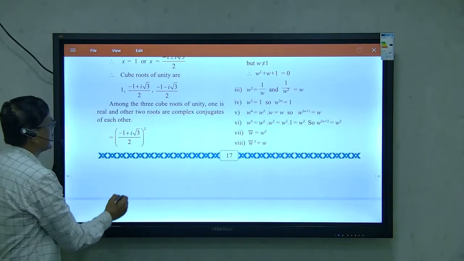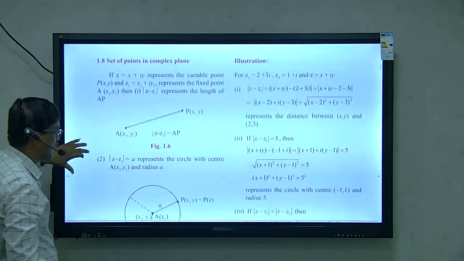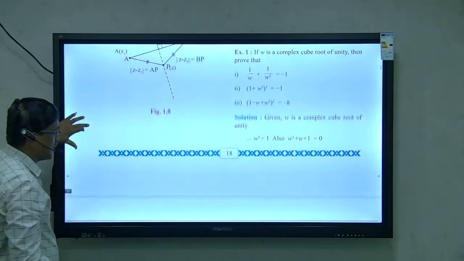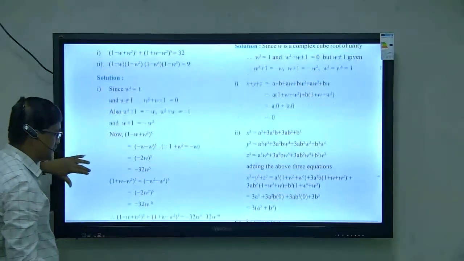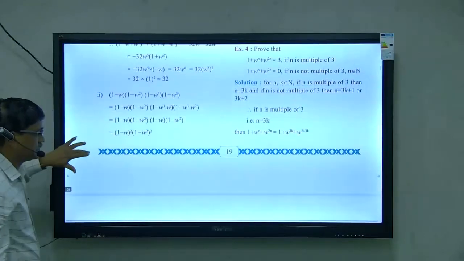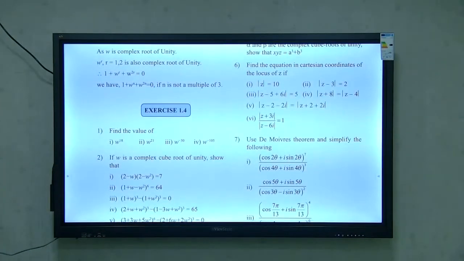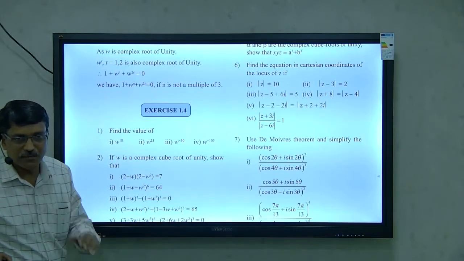Now, next, let us solve some examples from the exercise. See, exercise 1.4. How to solve these examples?